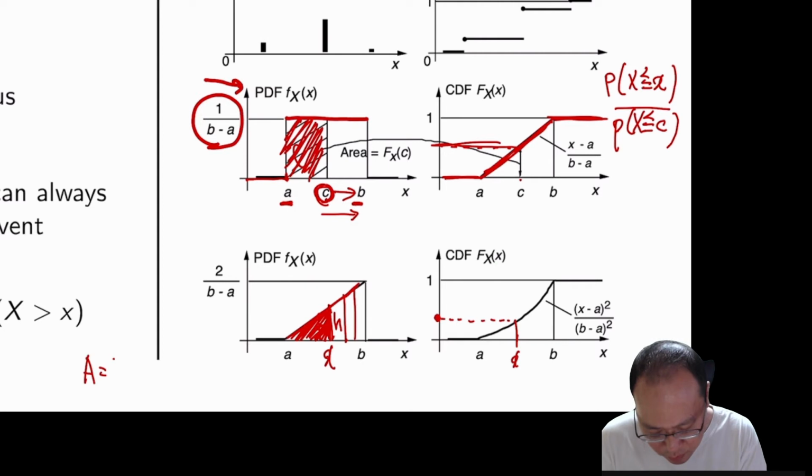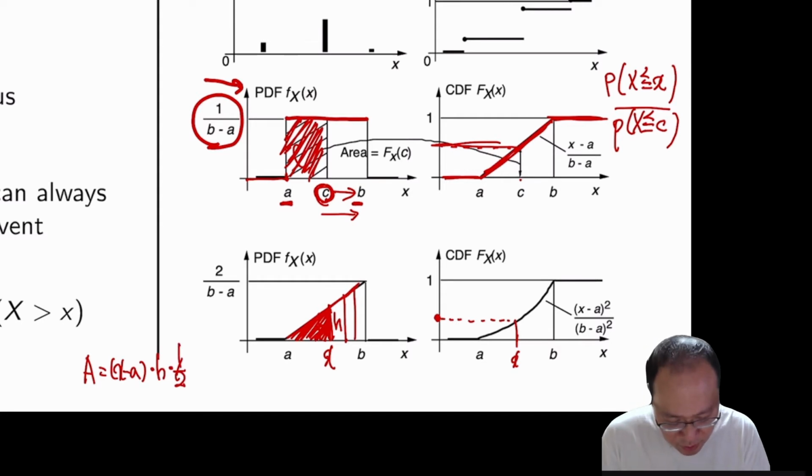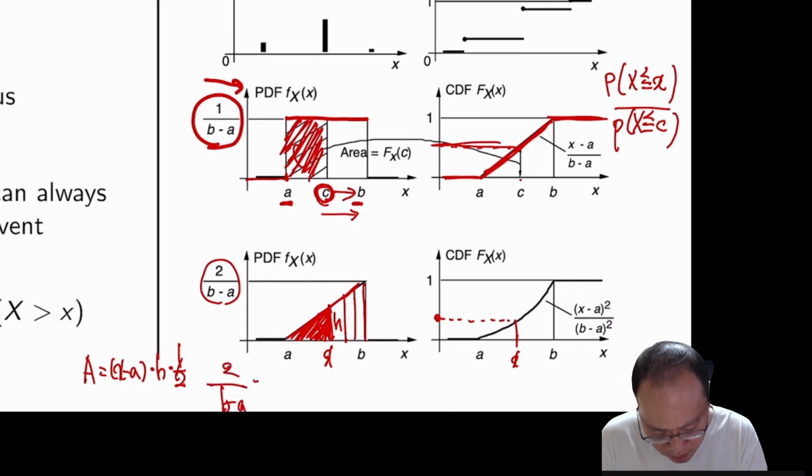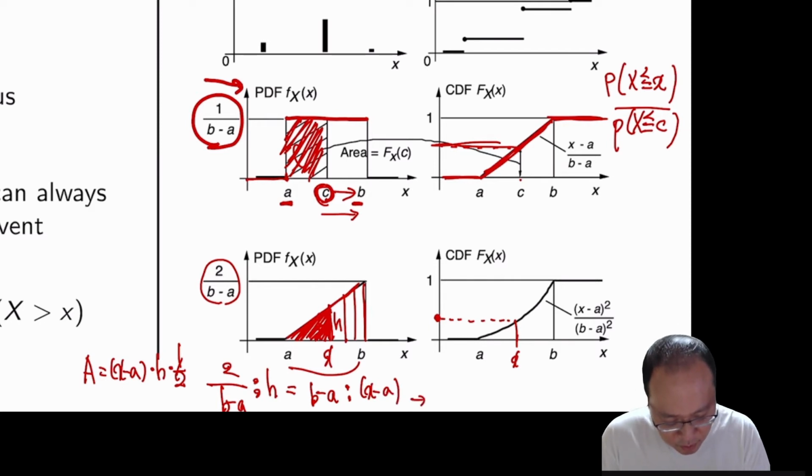This area is equal to (x minus a) multiplied by h multiplied by 1 over 2. And what is h? h is equal to (x minus a) divided by (b minus a), times the height of the PDF at b. So the area involves (b minus a) and the square of (x minus a).